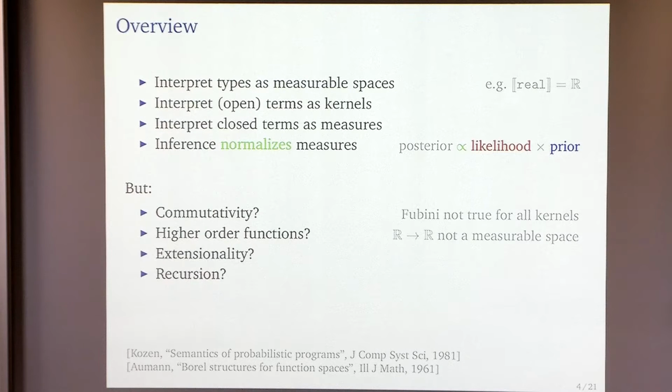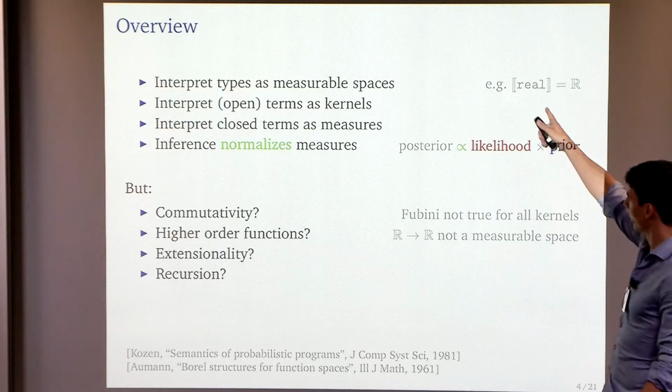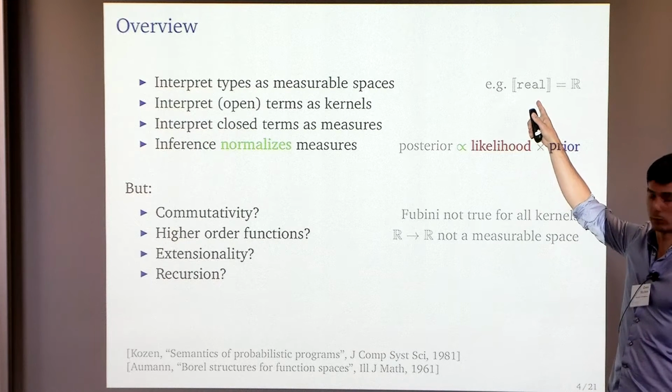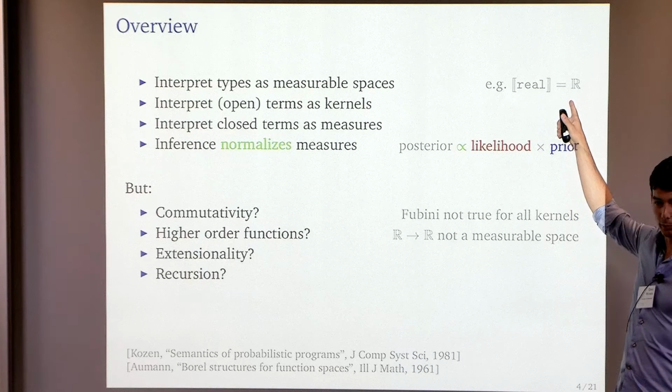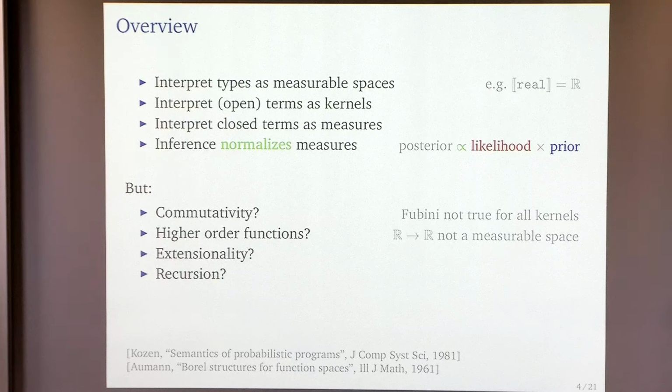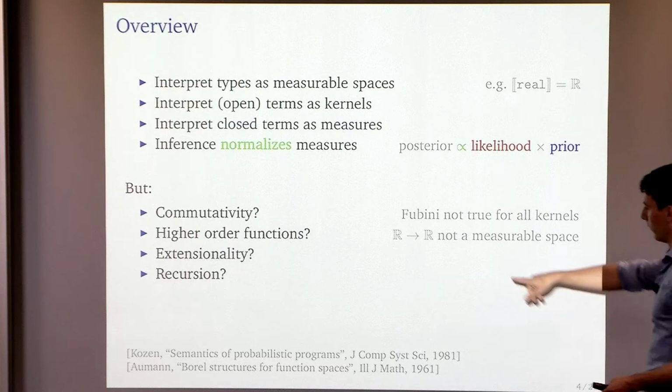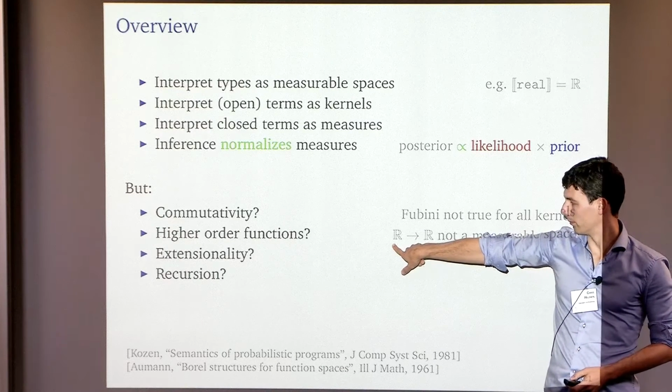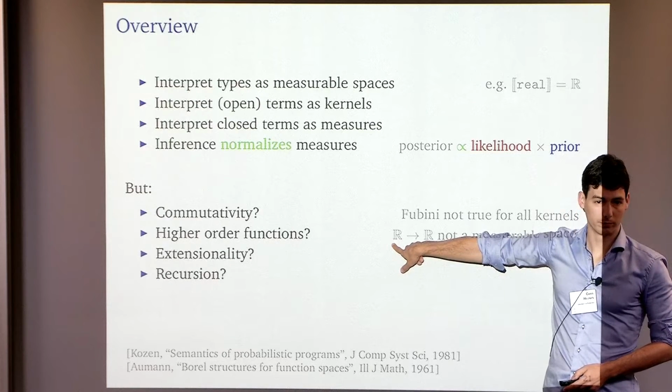So specifically, I said we're going to interpret types as measurable spaces, for example the type of reals. This is something in the programming language that I'm going to interpret as the actual real number space with the Borel sigma algebra. But if I also want higher order functions, I need to have some measurable space to interpret the type of functions from reals to reals.